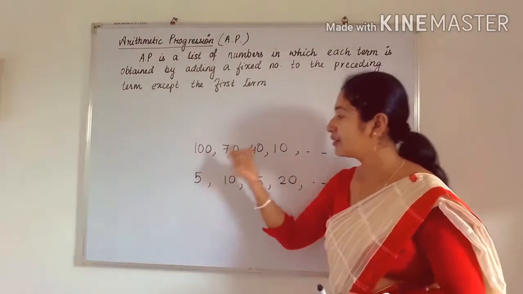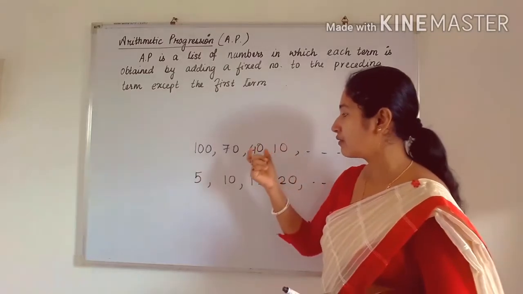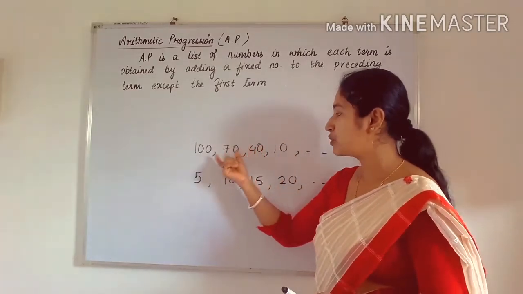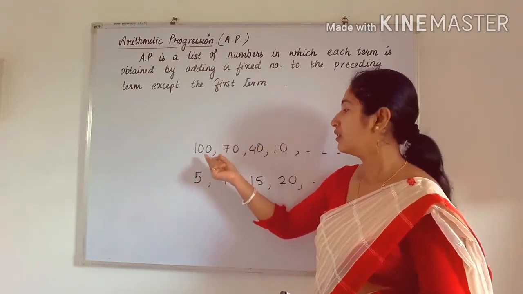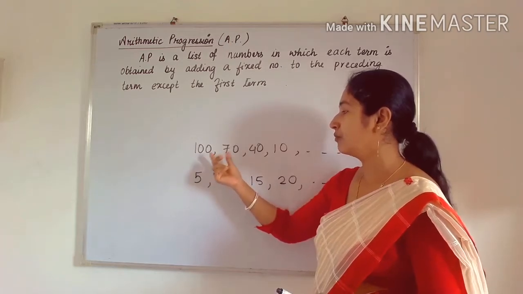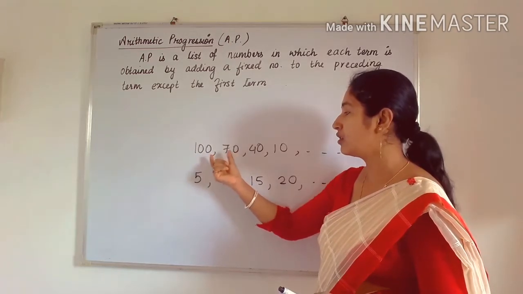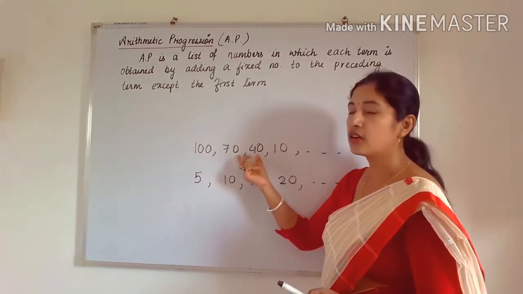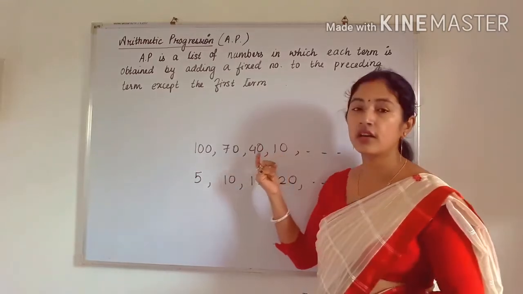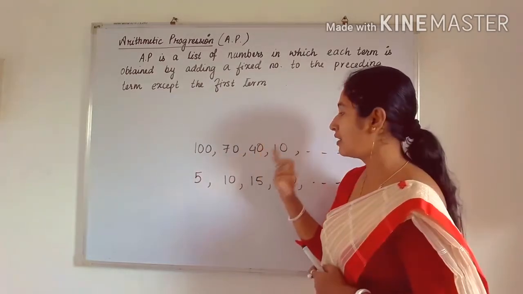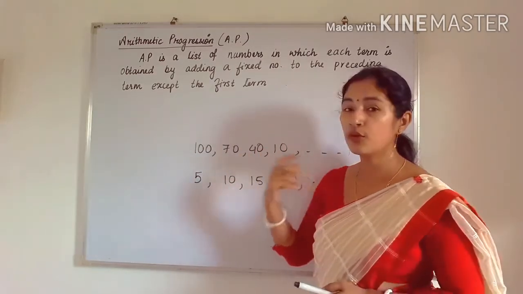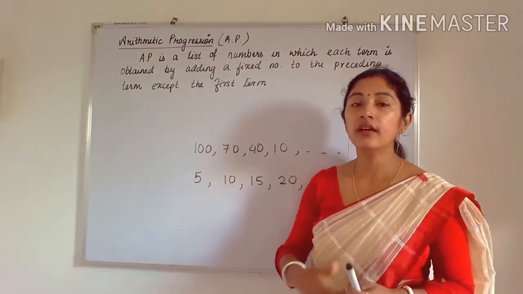What have we observed from this sequence? See the difference between the second and the first term. The difference is 30. Similarly, this difference is 30, and this difference is also 30. So there is some rule which we have to follow to get the next term.